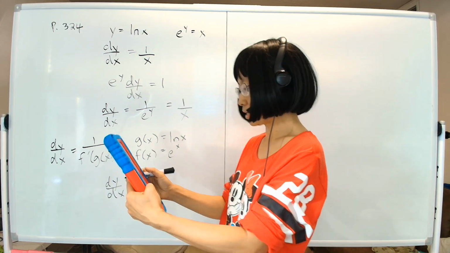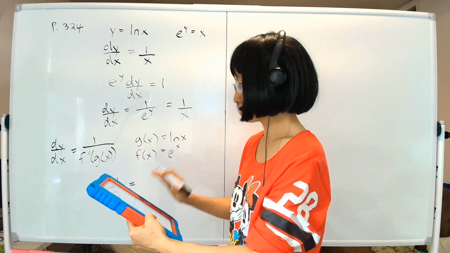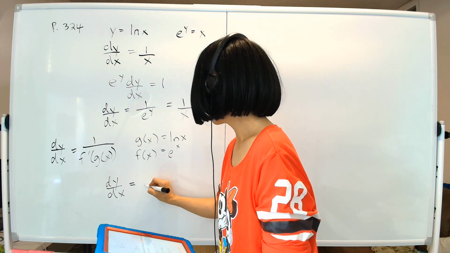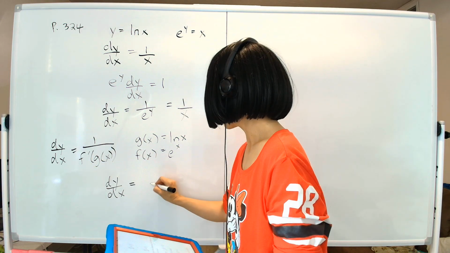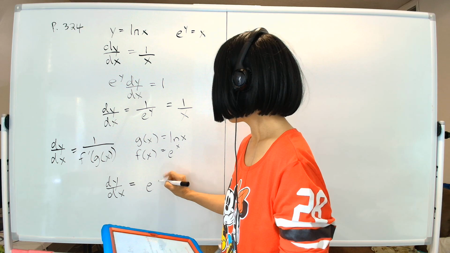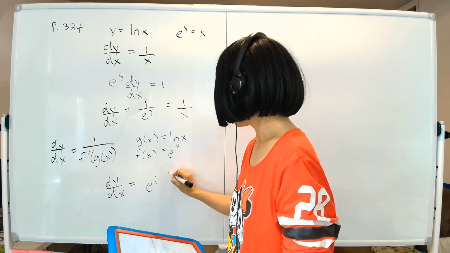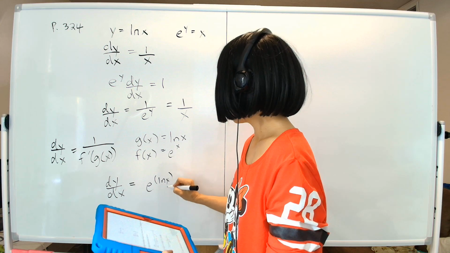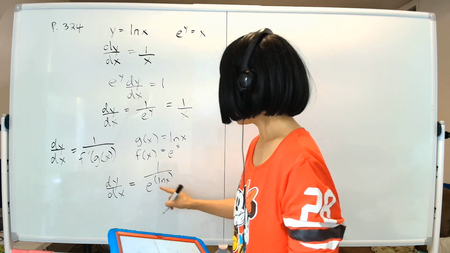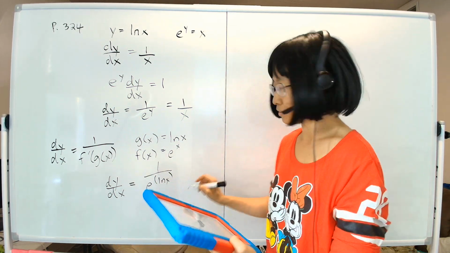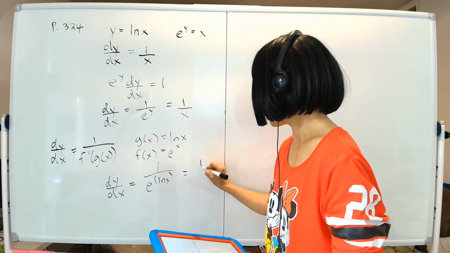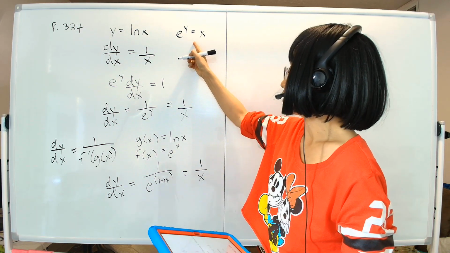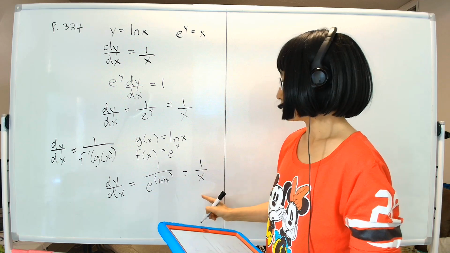What is f prime? f prime is e to the x. So f prime of g of x is e to the ln of x. And then 1 over that, and e to the ln of x is x, because that's the definition. It comes from e to the y equals x. So that's the second proof.